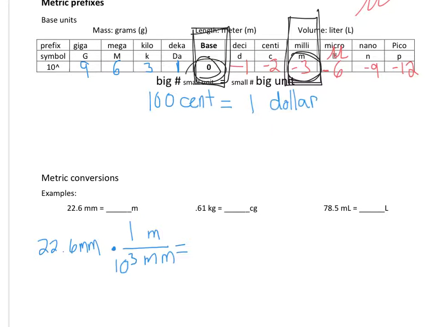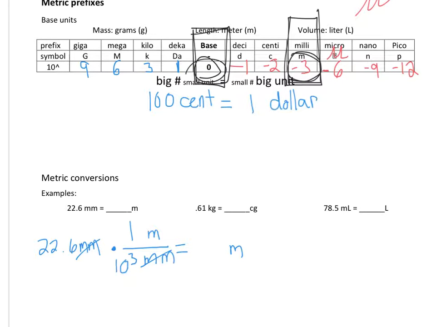Now when I do my math, millimeters cancel with millimeters, and I end up with meters. Anything on top you multiply, anything on the bottom you divide. So it's 22.6 times 1 divided by 10 to the third, or 1,000.